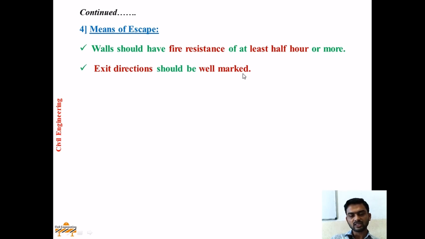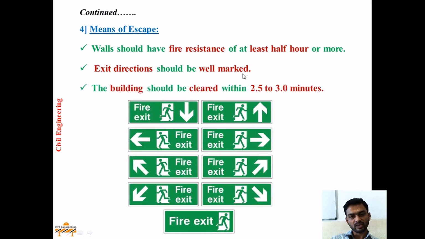Now, if a person is new to the building, he will not know the exits and entries of the building. Hence, at suitable intervals or direction changes, entry and exit points should be marked with proper sign conventions. This will be most helpful in case of emergency. In most public places, you may have seen such signs and conventions which show the fire exit.